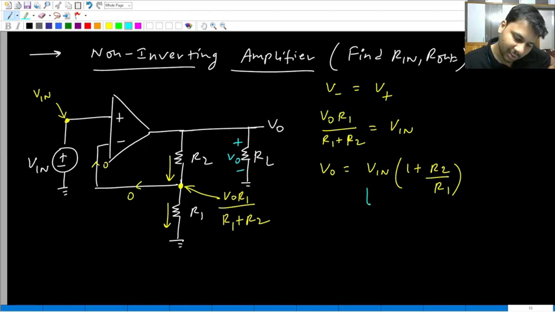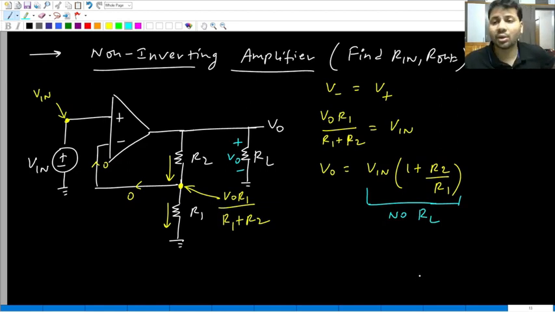Now look at the expression for the output voltage or the voltage across RL. In the expression for V naught, there is Vn, there is R1, there is R2, but there is no RL. That means load voltage is independent of load resistance. In what circuit will load voltage be independent of load resistance? Only when the circuit behaves like an ideal voltage source. So with respect to load, the circuit behaves like what?